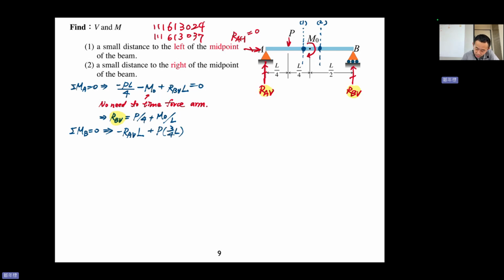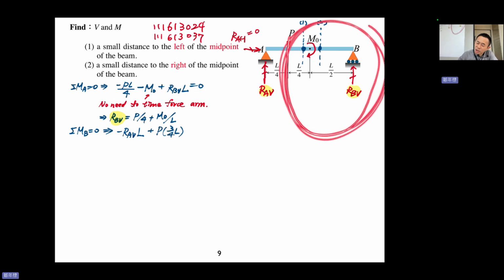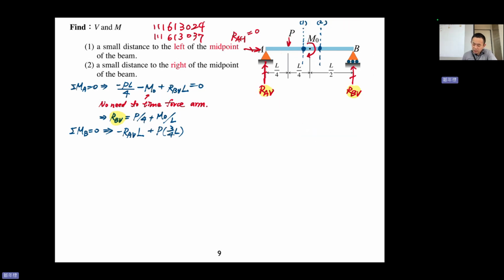Again, the P rotates counterclockwise, so it's positive. And the force arm will be half L plus quarter L together, 3 over 4 L. And then M0 is still clockwise, so still minus M0.